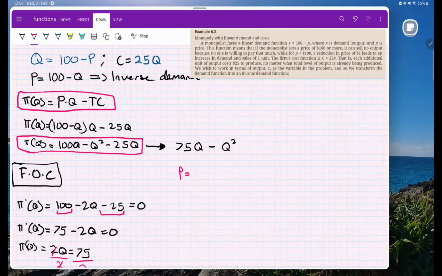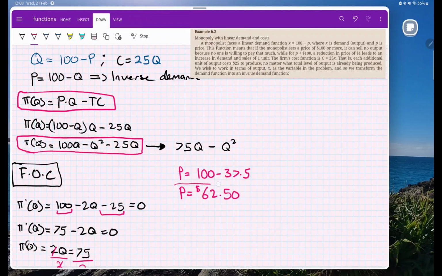And so P is going to equal 100 minus 37.5, which will be 62.5.